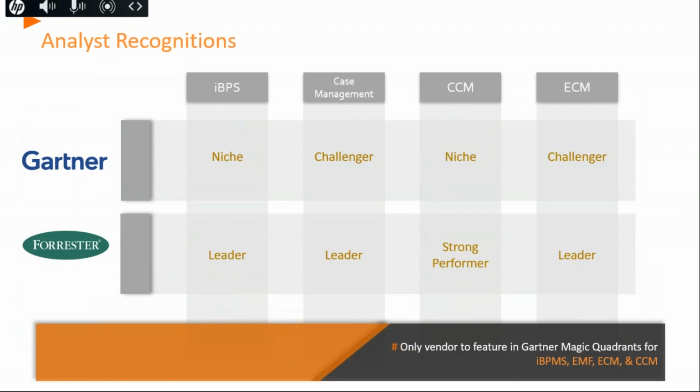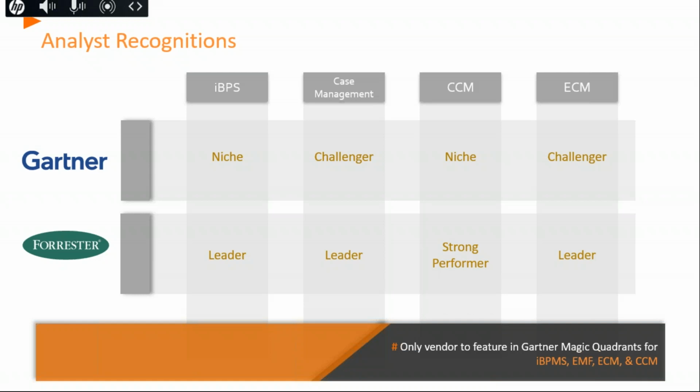Like I was telling you, Gartner and Forrester, who are the leaders in analyzing IT and digital transformation solutions, rate our iBPS, which is our business process management platform, as a niche player in Gartner, and Forrester rates us as a leader.